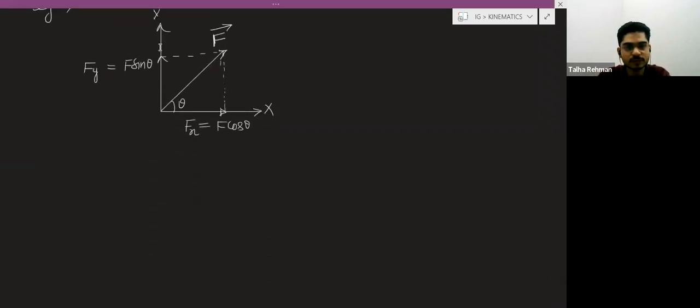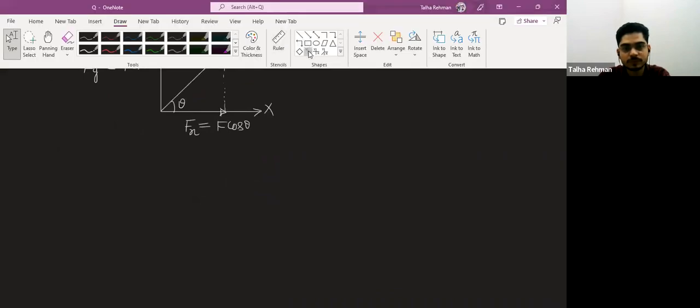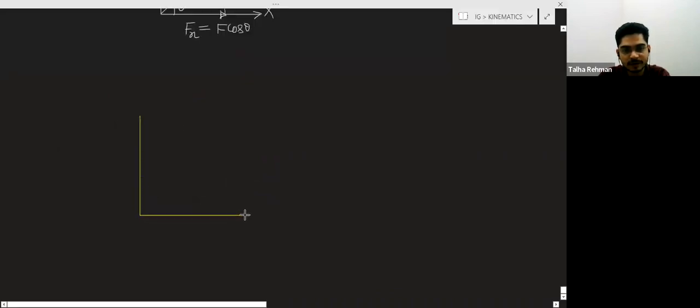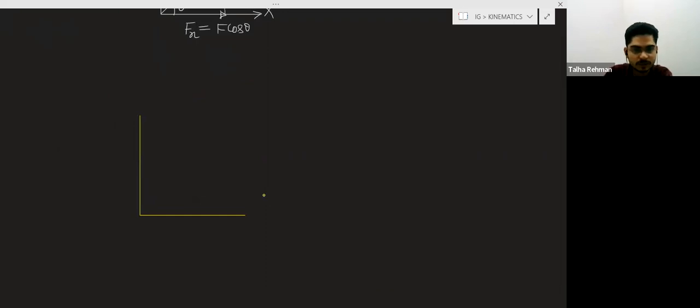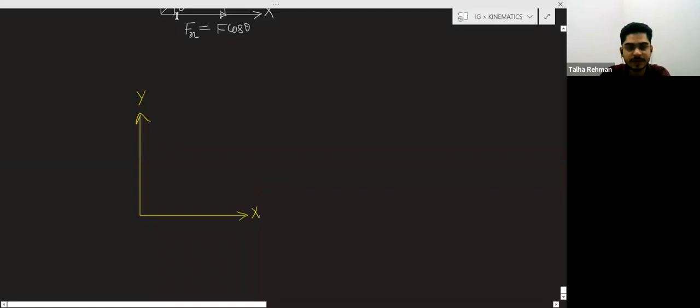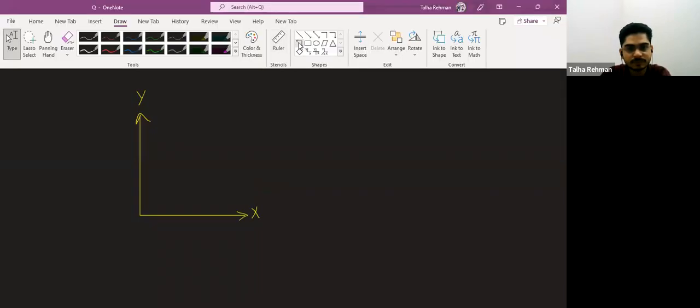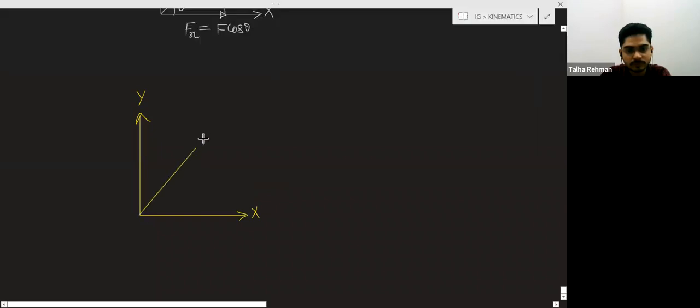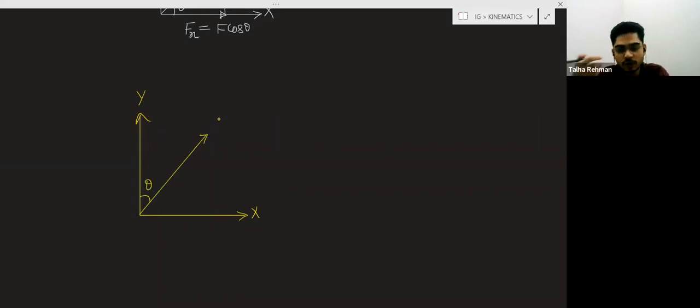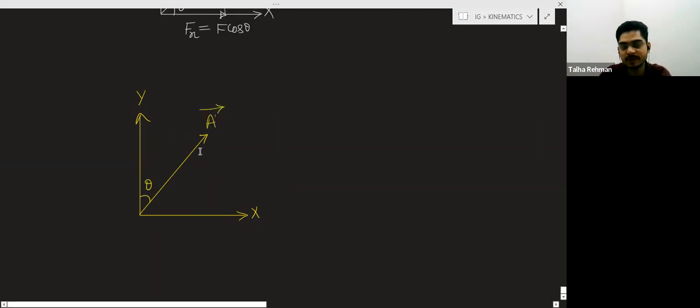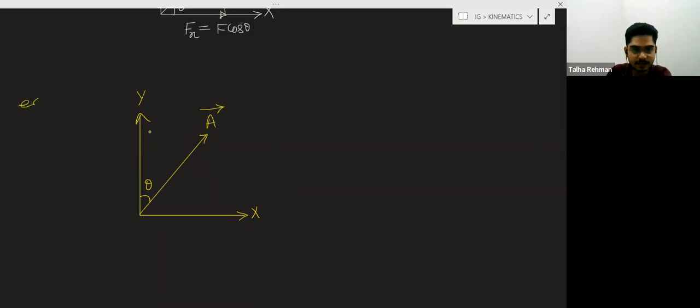There can be one more case also. For example, this is your y axis and this is your x-axis. And here is one vector, and this is the vector, okay? And this vector is making an angle theta with y-axis this time. So now we want to resolve this vector along y-axis or along x-axis.